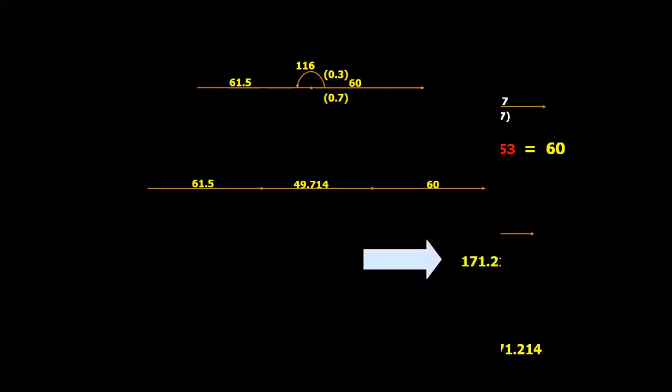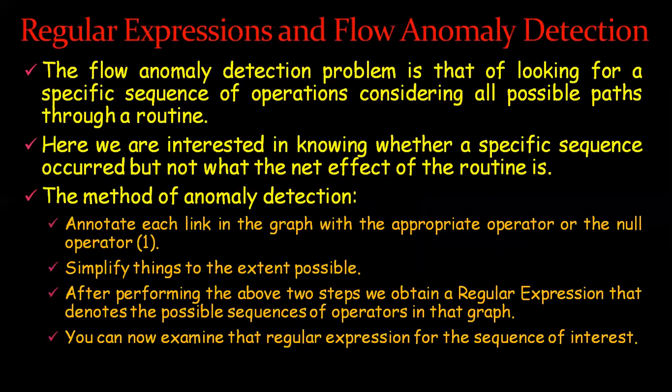Okay, so here what we understood is the regular expressions and how they follow anomaly detection. So here the flow anomaly detection problem looks for a specific sequence of operations considered for all possible paths through that particular routine. And here we are interested in knowing whether that specific sequence occurred, but what the net effect of that particular routine is.